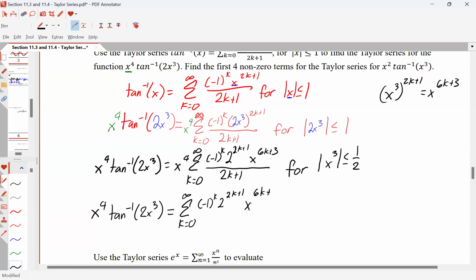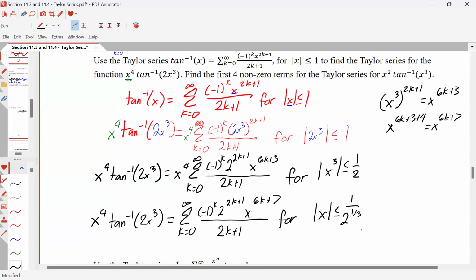So 6k plus 3 plus 4 is 6k plus 7, over 2k plus 1. Now, continuing to solve the interval, I'm going to take the cube root. The absolute value of x is less than or equal to 1 over 2 to the 1/3.